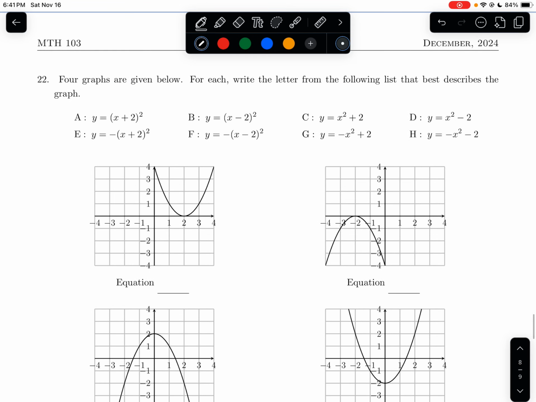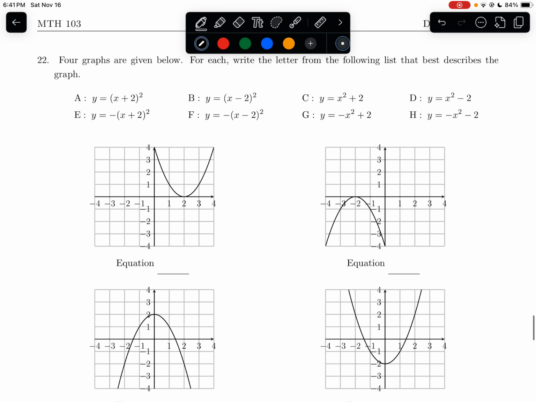Okay, these graphs are given. There are obviously 8 choices, only 4 graphs, so not all of them are going to be used. And this is not really a question about quadratics. You could think about it like that, but we also know that the function y equals x squared looks like this, and all of these are transformations of that function.